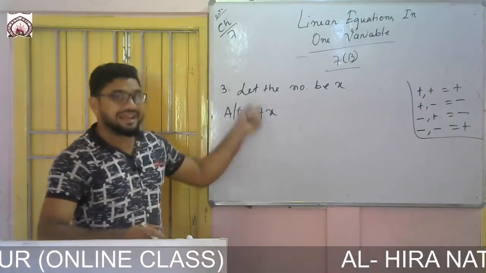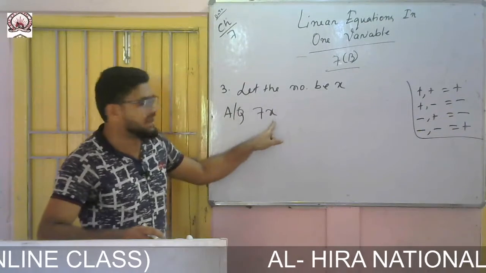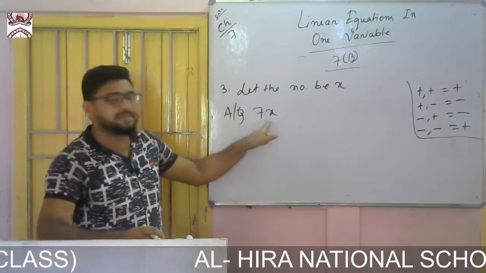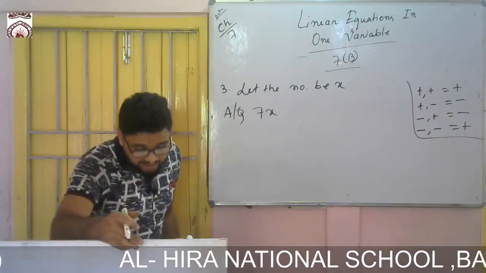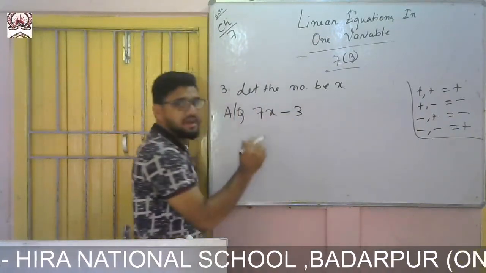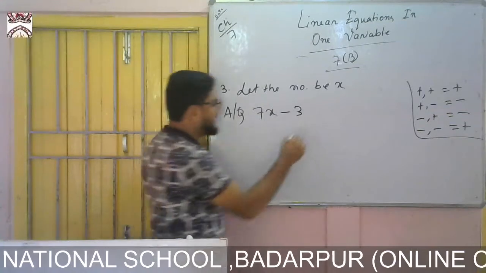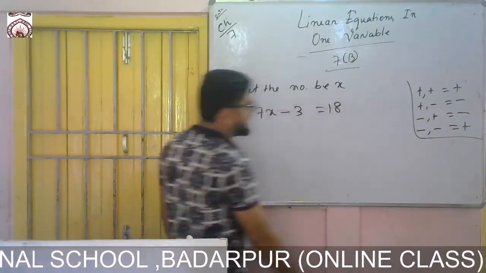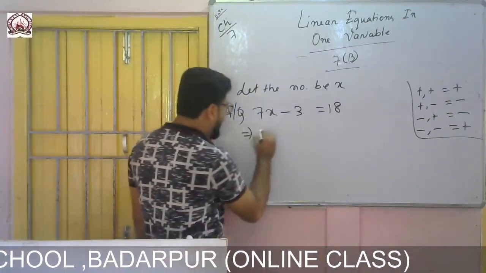So 7 times a number is 7x. Decreased by 3 means minus 3. Equals 18.